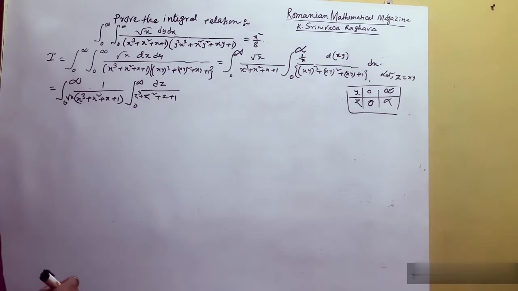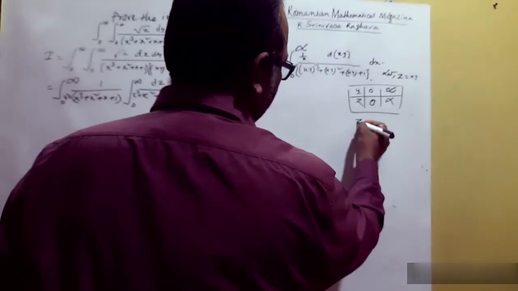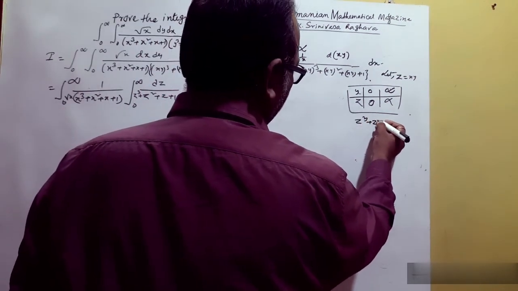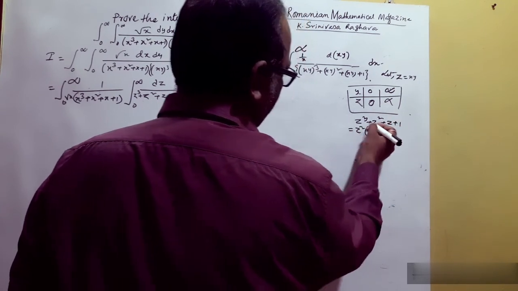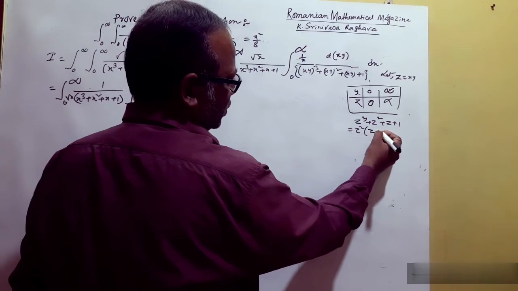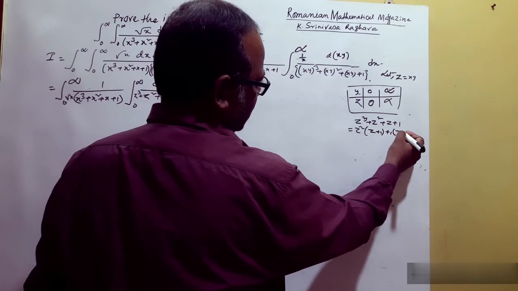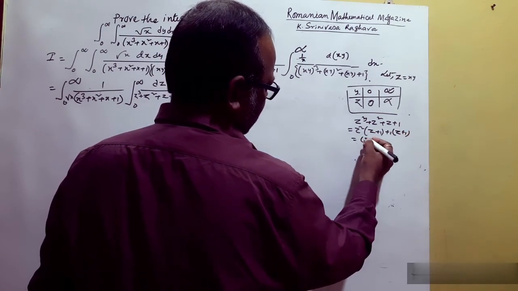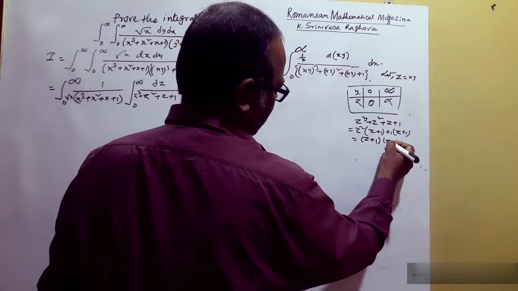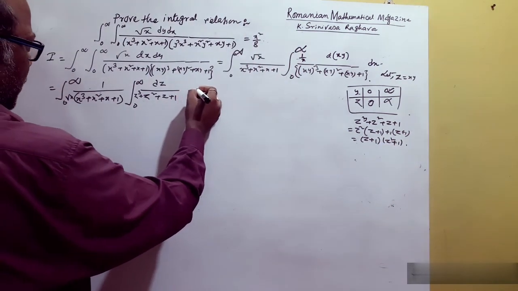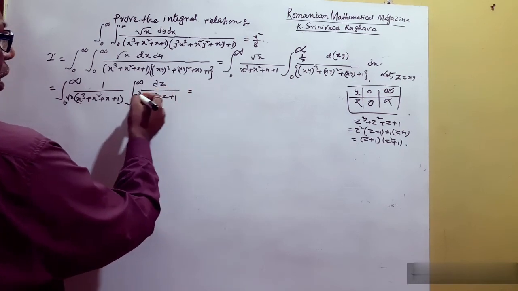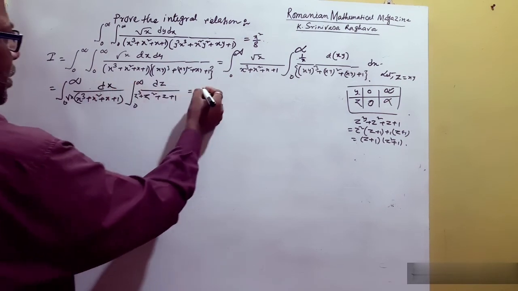Now factorize this figure, z cube, z square, z plus 1. Take common z square from these two. So this is your z plus 1 into z square plus 1. And this is your dx.